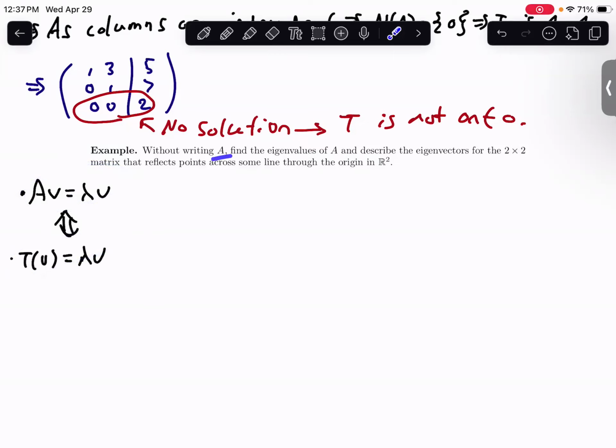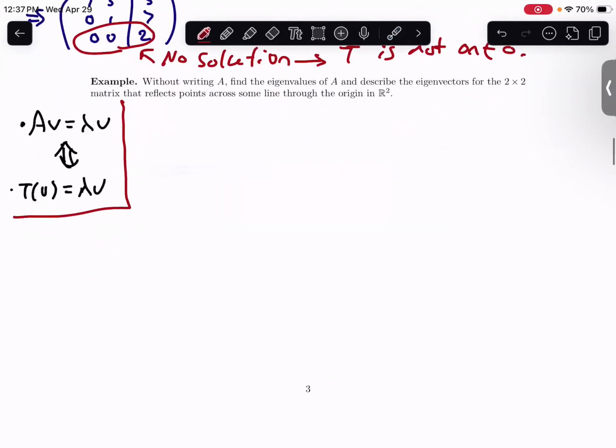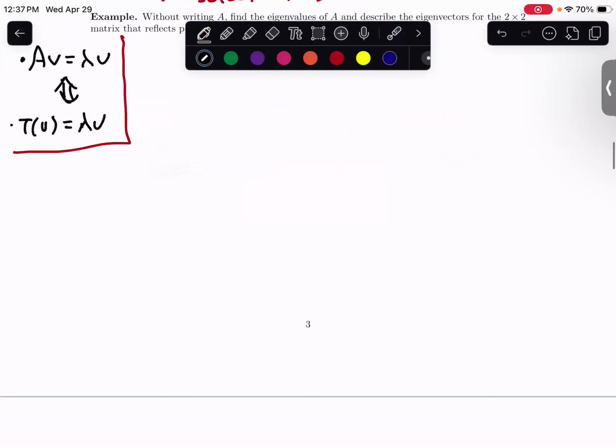So without writing the matrix A, it wants you to find the eigenvalues of A and describe the eigenvectors for the 2x2 matrix that reflects points across some line through the origin in R2. This one is a little bit more visual. So I'm going to draw some line in R2 that goes through the origin.